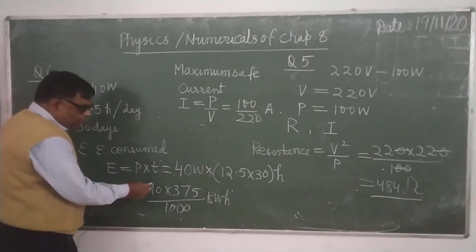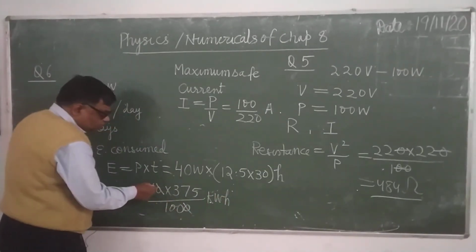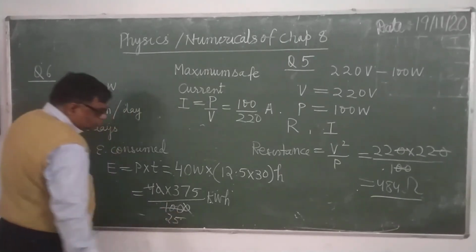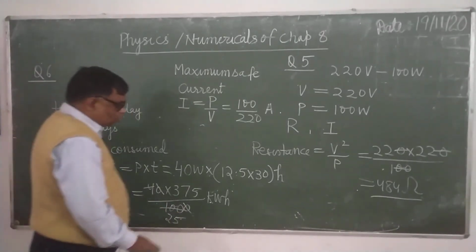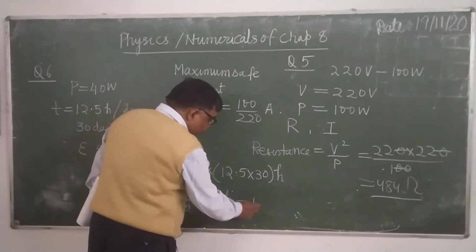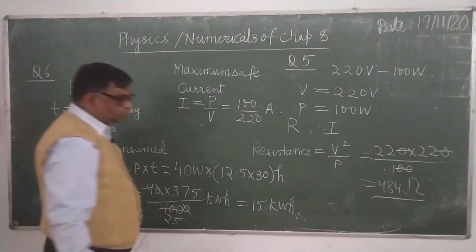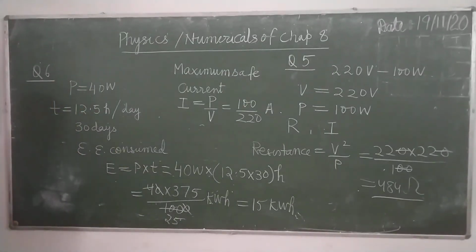You simplify, zeros will cancel. It will come out 15 kilowatt hour. This is clear?